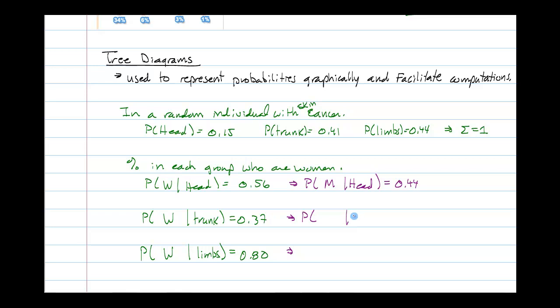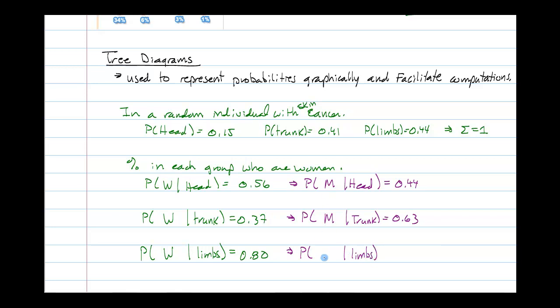Now this one, the condition remains the same, and then I run through all the possibilities for gender, which would be male in this case, and the complement of 37%, or 0.37, is 0.63. Now over here, again, condition stays the same.